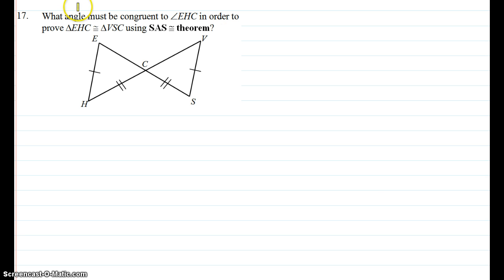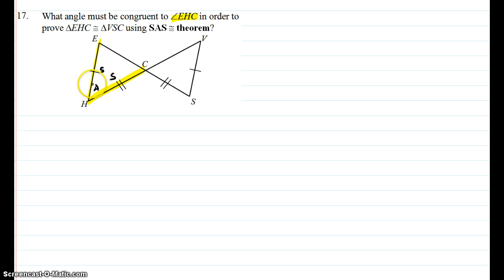For 17, what angle must be congruent to angle EHC? So go ahead and highlight that, angle EHC, in order to prove that triangle EHC is congruent to triangle VSC using side, angle, side. So you can see we're going to have our side, angle, side.